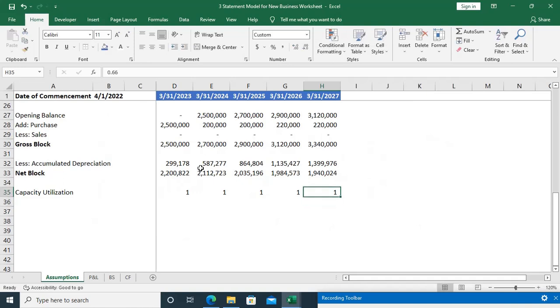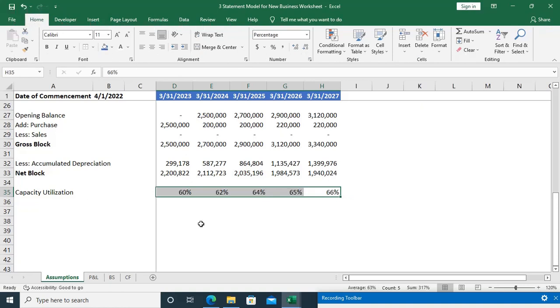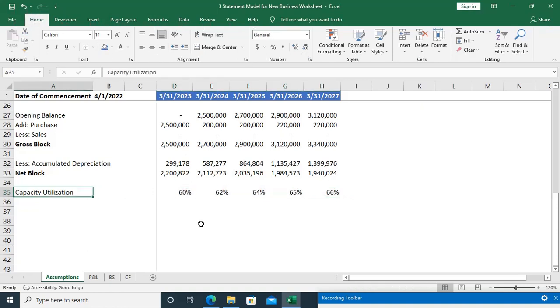Now it is showing in 1, you know what to do, right? Do it yourself. Control Shift % or Alt HP, it is done. Capacity utilization. Now the total capacity in units, we should also write it down, right? So we will write it down.